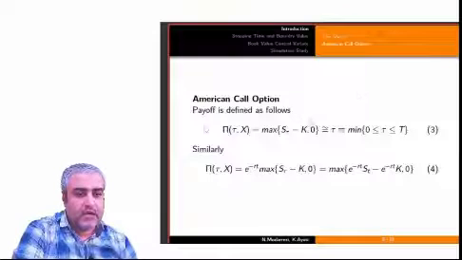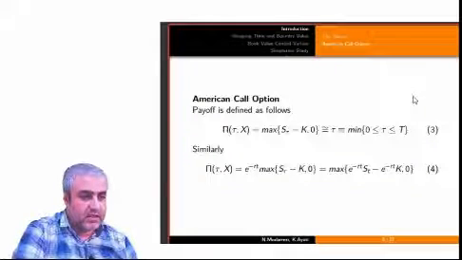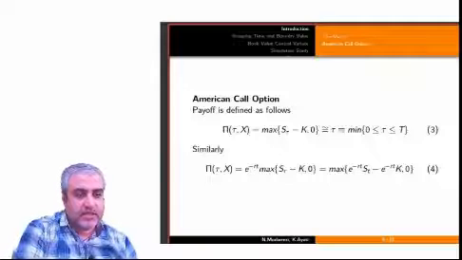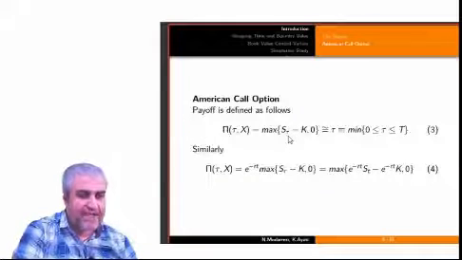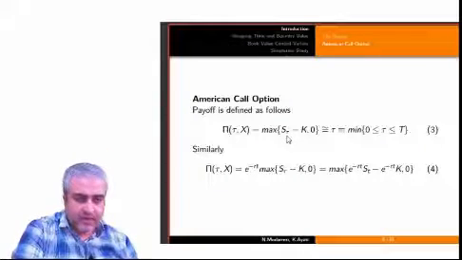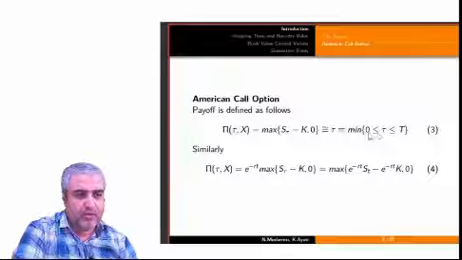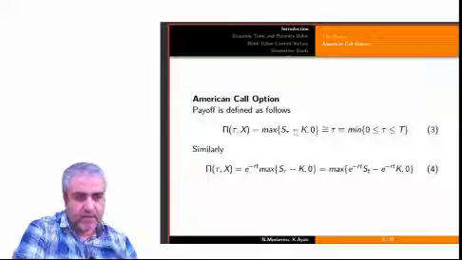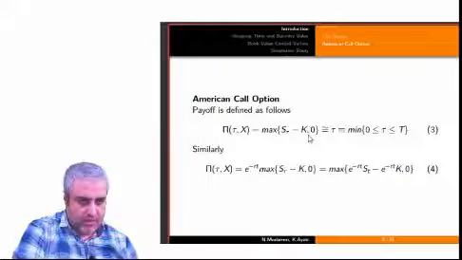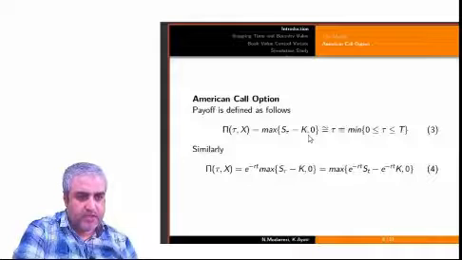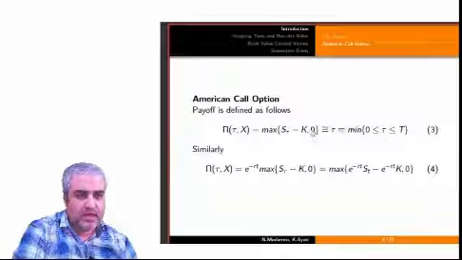The American call option payoff, in equation number 3, is the maximum of the price at the maturity date or the executing price of the American call option at tau, each tau between 0 and the maturity date, minus K, which is positive, else it is 0.